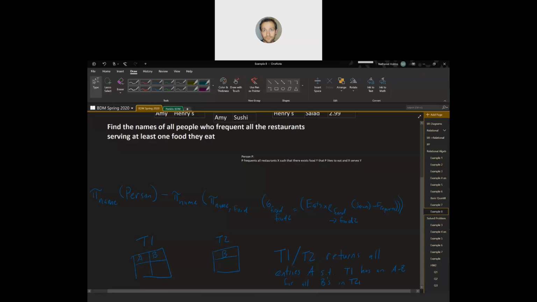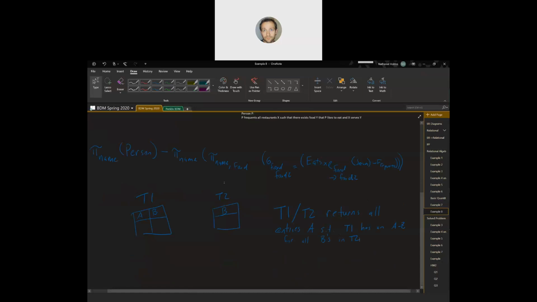These columns, A here could be multiple columns, B could also be multiple columns, but the thing that's happening is that you want to return from table T1 all of the rows where there is an entry that exists for an entry in T2.